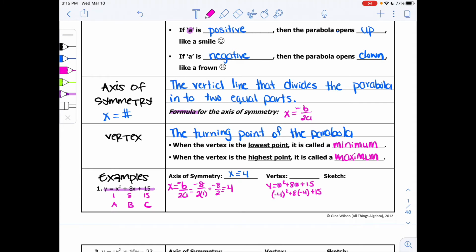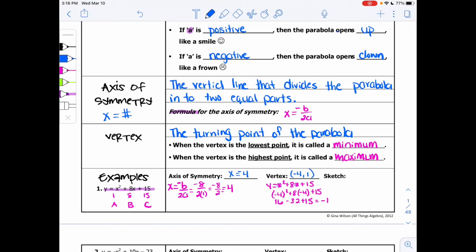Negative 4 squared in parentheses is 16. 8 times negative 4 is negative 32. So 16 minus 32 plus 15, and we can put that in our calculator. 16 minus 32 plus 15 is negative 1. So now we know that the vertex is the point negative 4, negative 1.